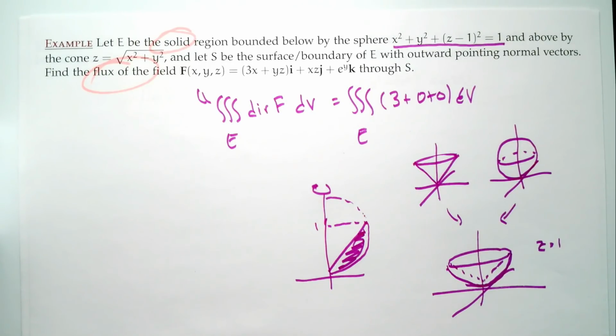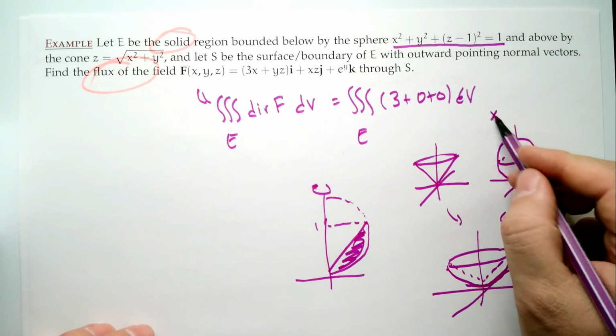Now, if you were going to do this problem, which we're not going to, what would be a good coordinate system to use? Cylindrical works, and spherical actually works pretty well here. You might think, that's a sphere, but it's not in the right place. But it's pretty close.